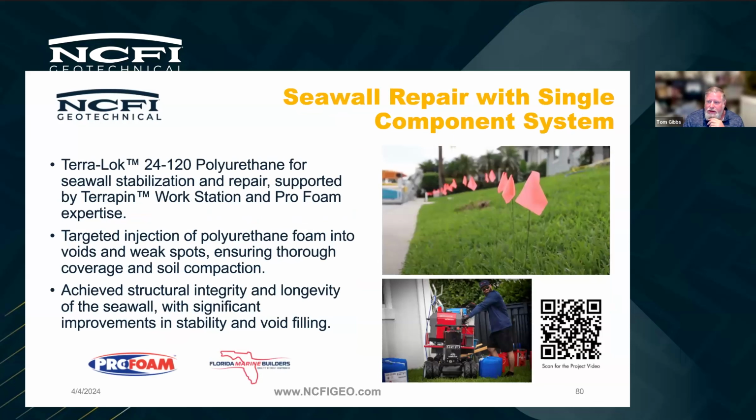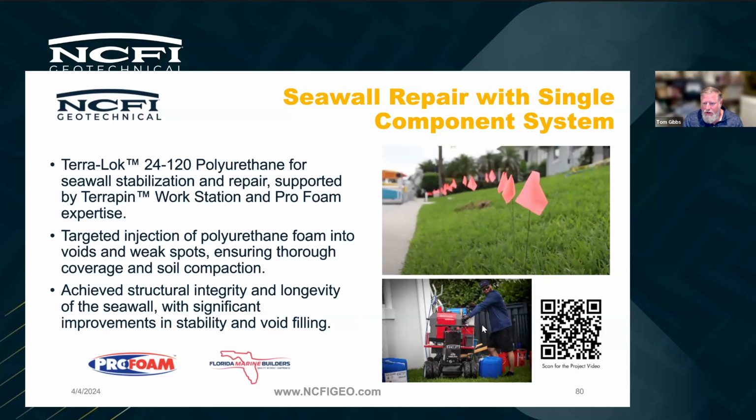Seawall repair, again, this is another one where you can scan the QR code for the video. This one highlights our 24120 Terralock and our Terrapin workstation. The Terrapin is this cart down here.